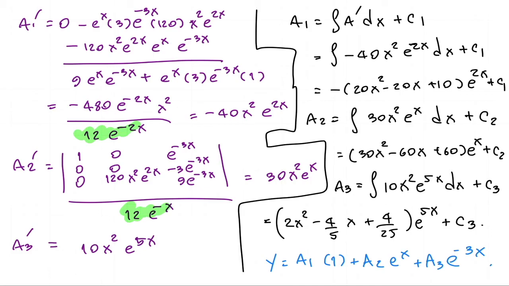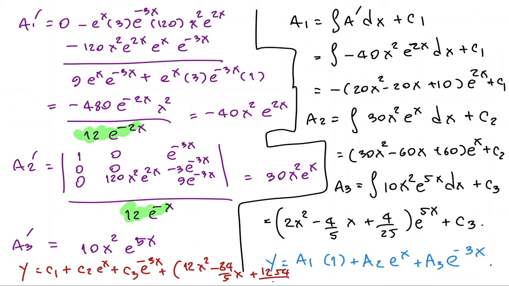Okay, and I'll just write down the solution for you here, which is c1 plus c2 e to the x plus c3 e to the minus 3x plus 12x squared minus 84 divided by 5 x plus 1254 divided by 25 e to the 2x, and that is the simplified solution.